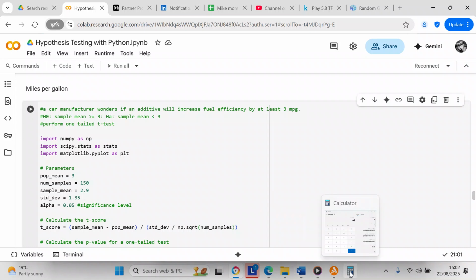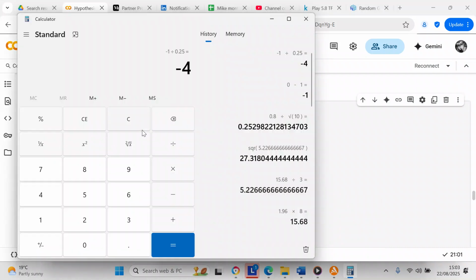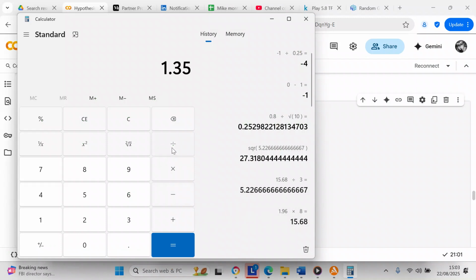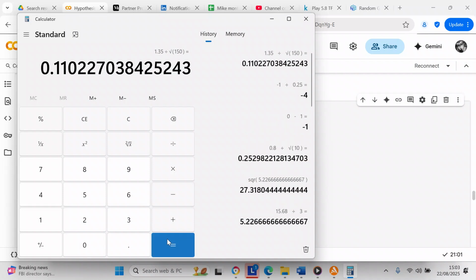So let's work it out over here. Our standard deviation is 1.35, divided by the square root of the number of samples, so divided by the square root of 150, which equals 0.11027.